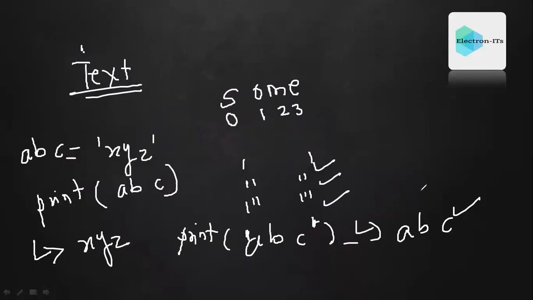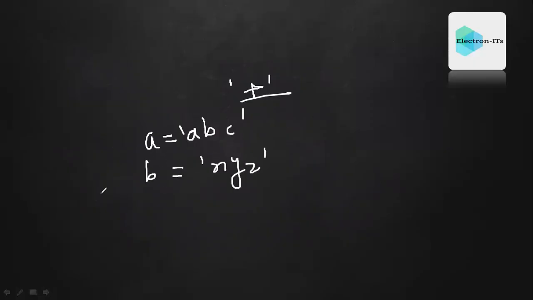So this is one more basic thing about strings. We can concatenate or join two strings using the plus sign. For example, suppose the A value is ABC and the B variable is storing XYZ, and we want to add these two strings.